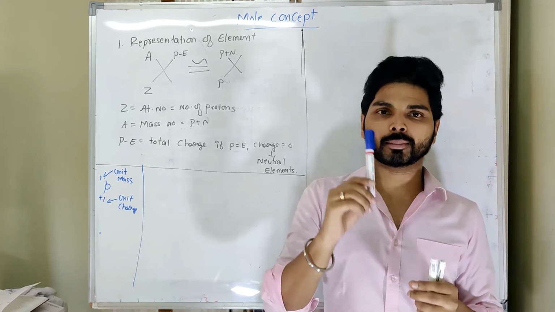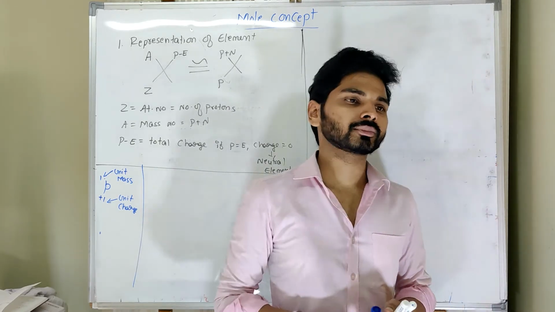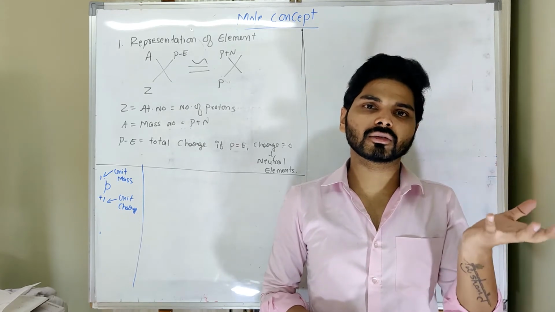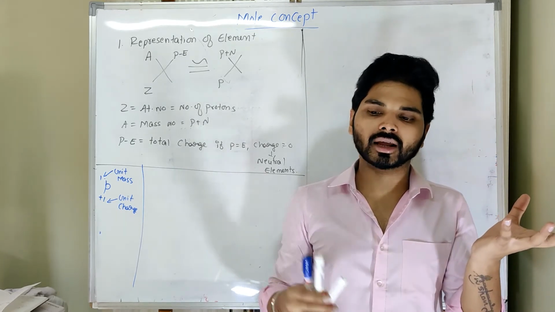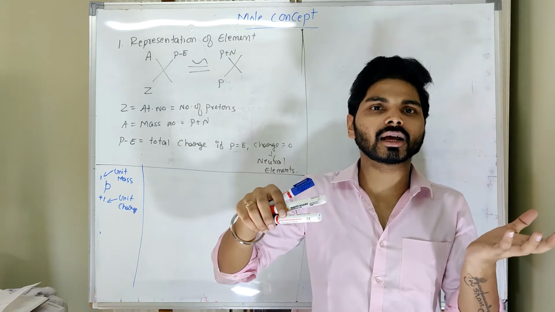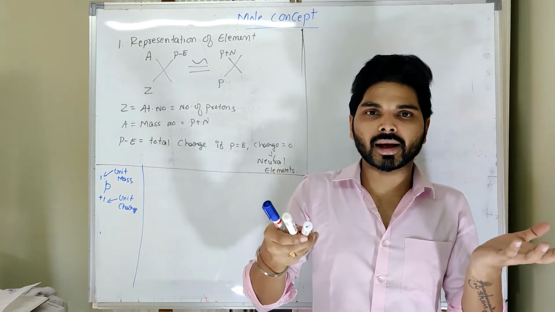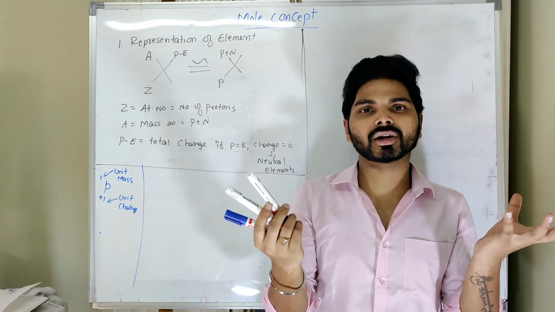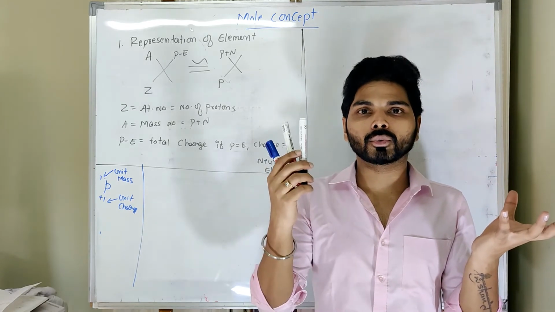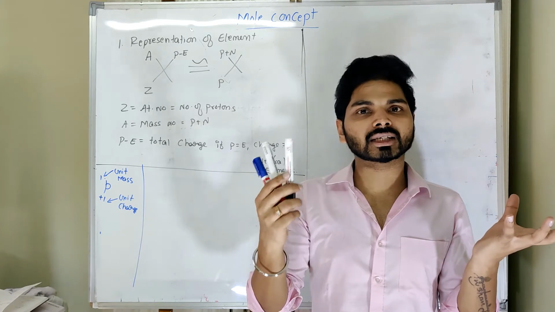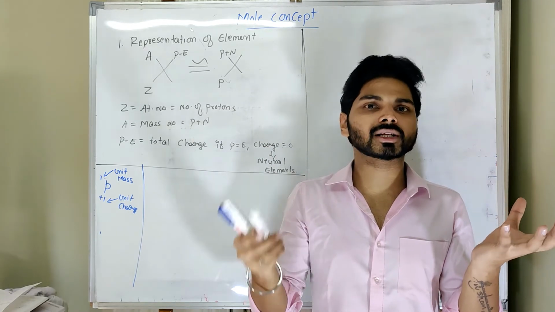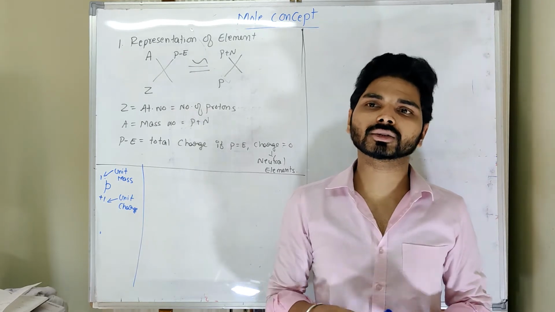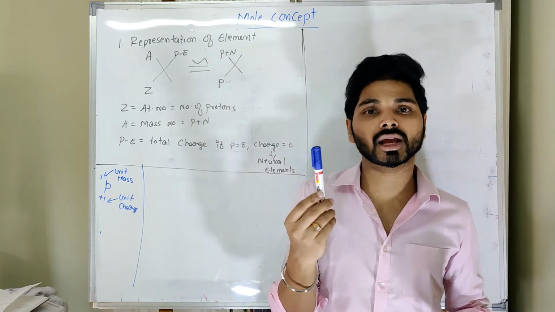When I consider the mass of one pen as 1 unit, then if I want to measure any larger object, I can keep on adding pens there until at one moment it gets balanced. Then I can say the mass of this particular object is, let us say, 20 pens, where one pen's mass is considered as 1 unit. This is the relative mass, not the actual mass, so maybe the mass of one pen is something else.